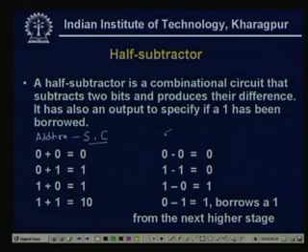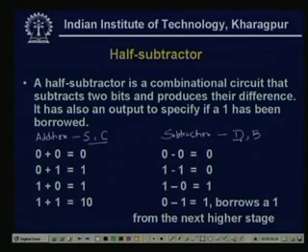For subtraction, the sum is replaced by the difference because it computes the difference, and the carry concept is actually the borrow. So, we denote this as B and the difference as D.